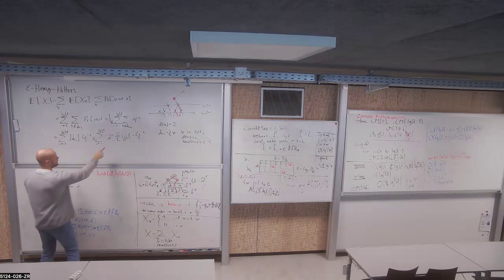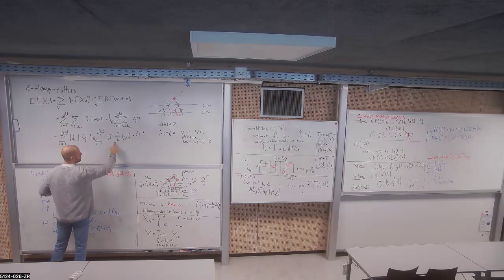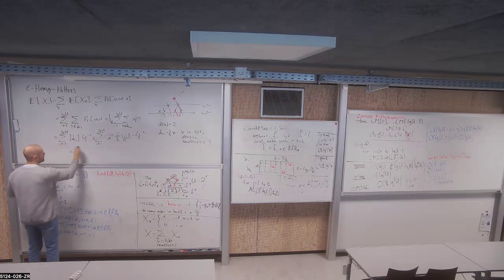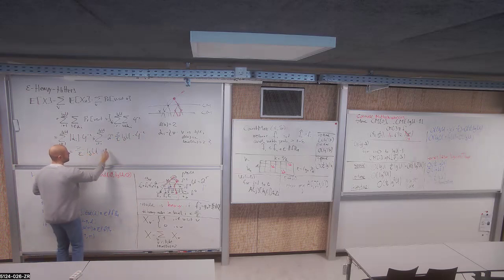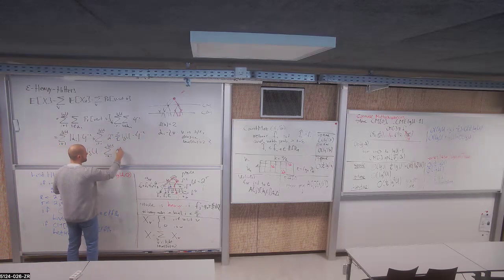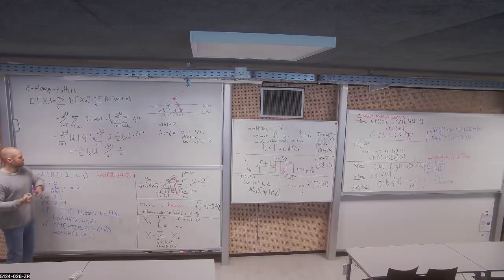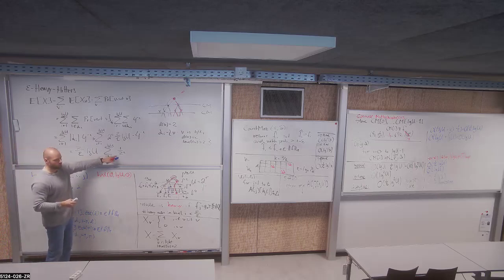Now if we bring these two together and move the 2 over epsilon log U outside, then we have the sum up to log U of 2 over 4 to the I, so that's 1 over 2 to the I. This is the sum of a half plus a quarter plus an eighth.